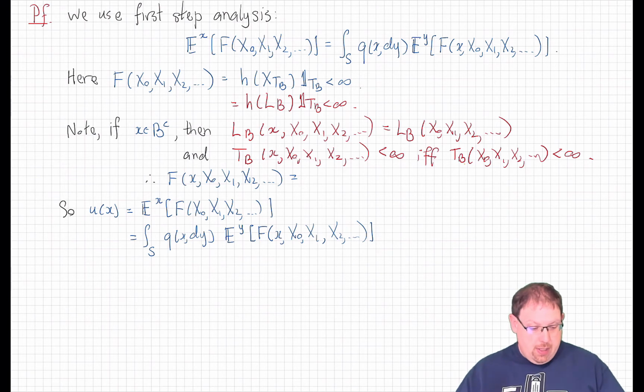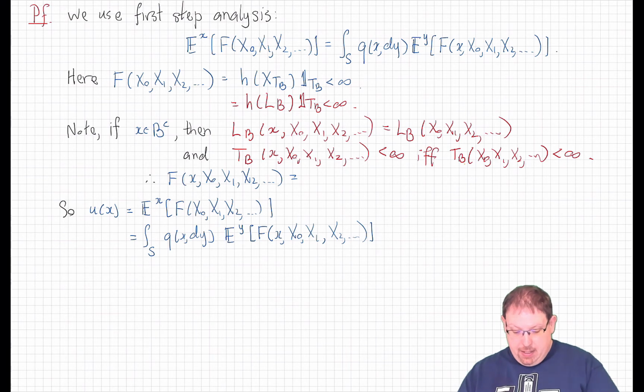So putting those two things together, this function of the path is invariant under adding or removing an initial term. That is, f at little x and then the path is the same as f at just the path.